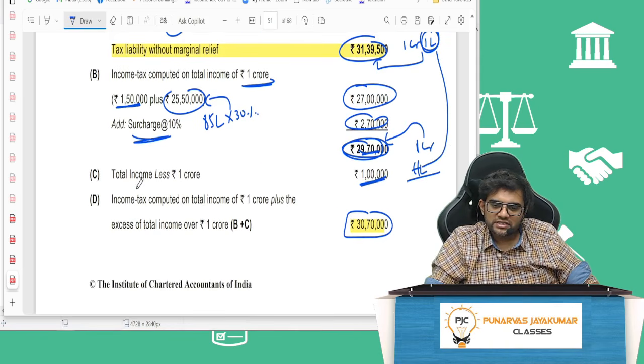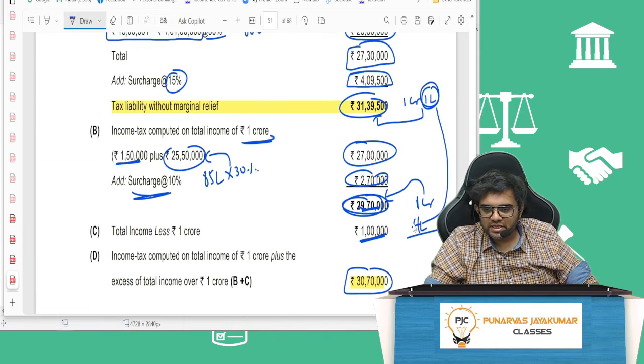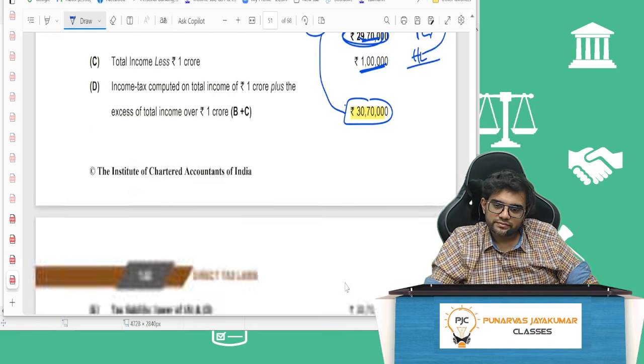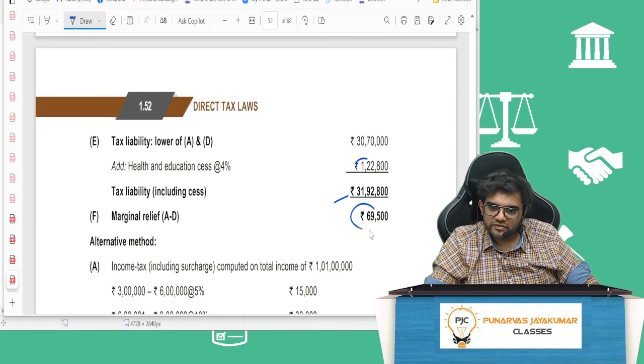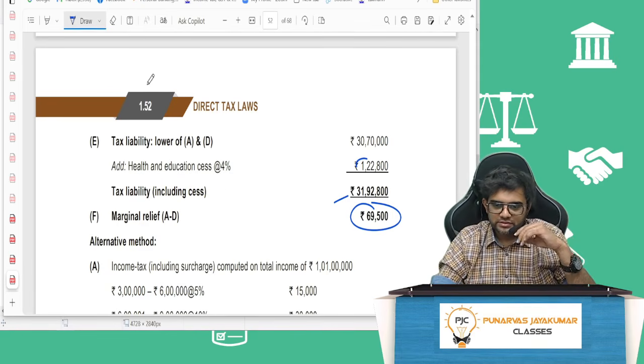So this 30 lakh 70, I will add cess and pay off. What's the relief that I am getting? 31 lakh 39,500 minus 30 lakh 70,000, 69,500. Got it? Very easy. No mugging up, no formula, nothing. Common sense. So 69,500.